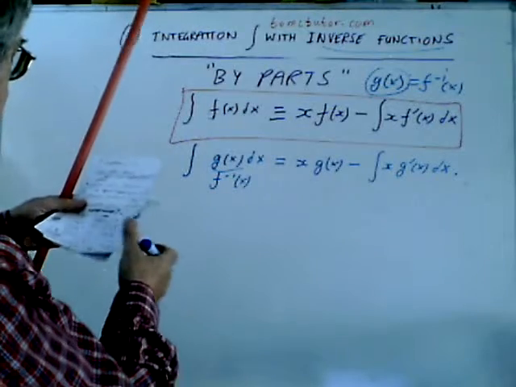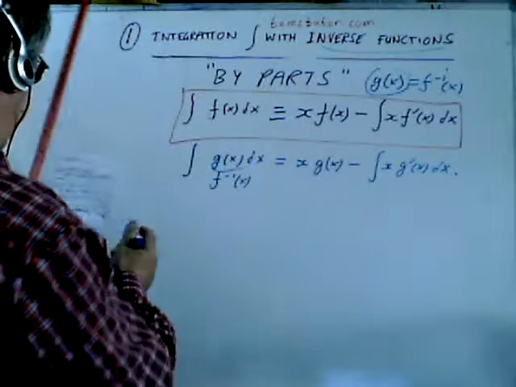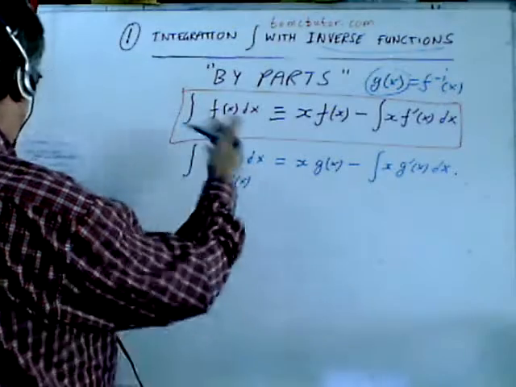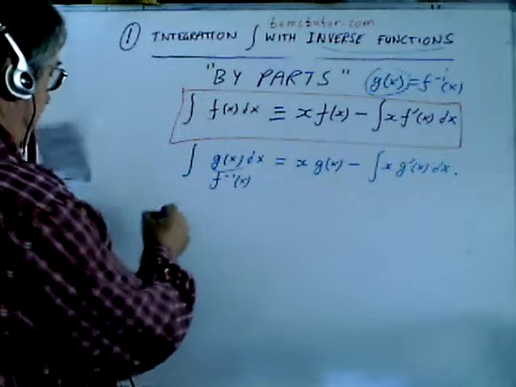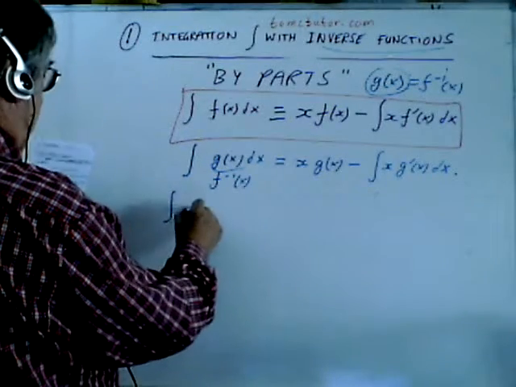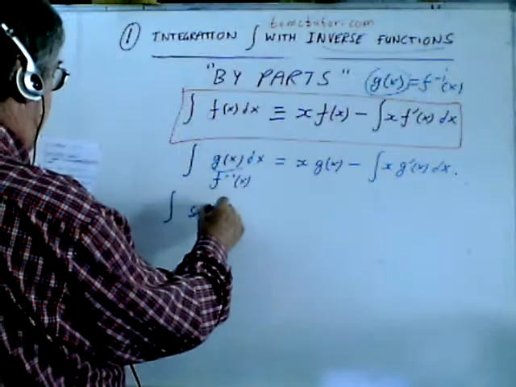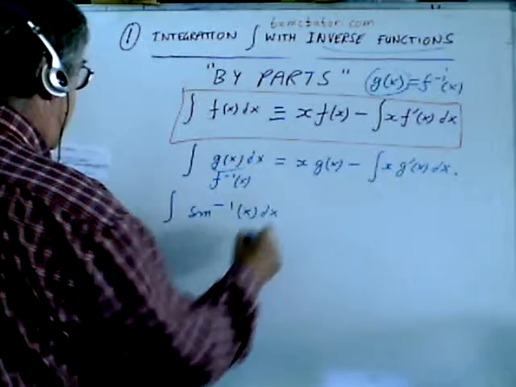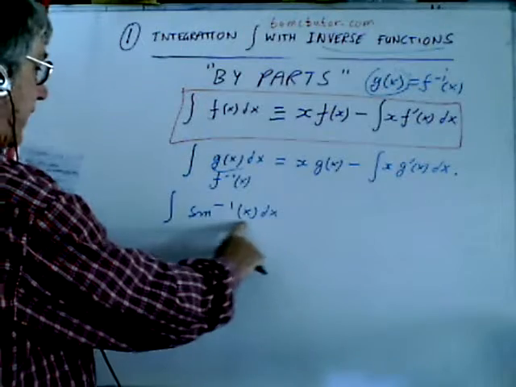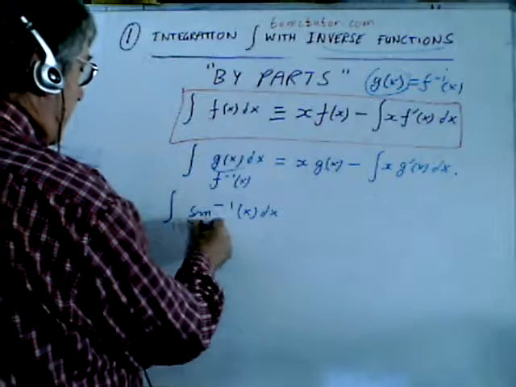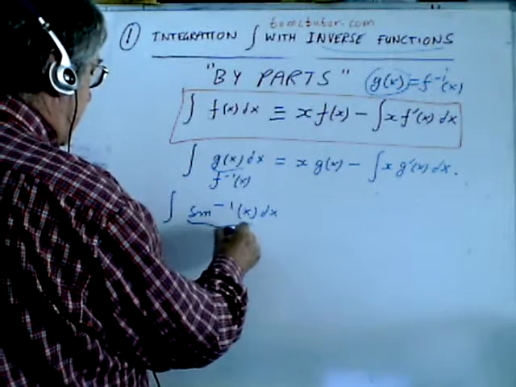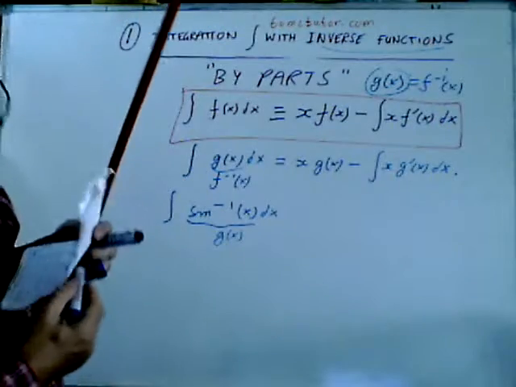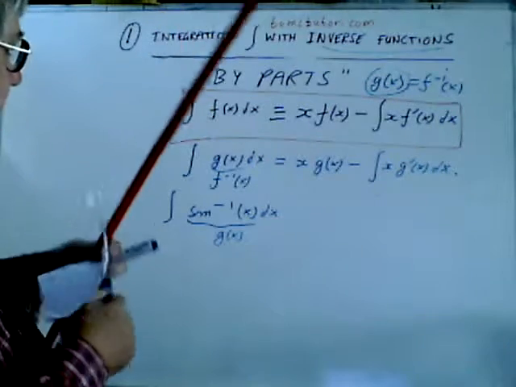Okay, so let's try a very simple example here to bring this home. Let's say we have to integrate the arc sine of x dx. We have our g of x, there it is. So what is f of x?